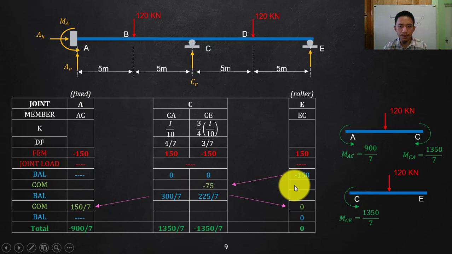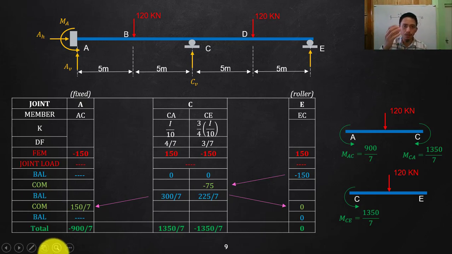And because of the carryover, there will now be a moment on the joints. And then again, balance that one. So another cycle. The first cycle is the load, balance, one cycle. Load, which is the carryover, that is a load. Balance, another cycle. Load, balance, load, balance. So that is the cycle.